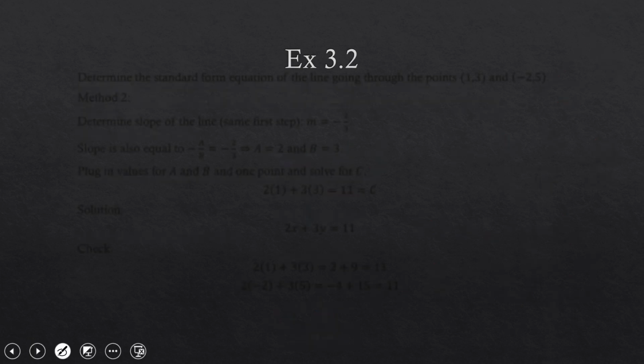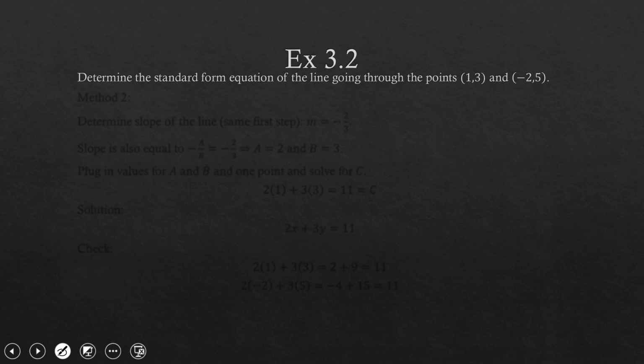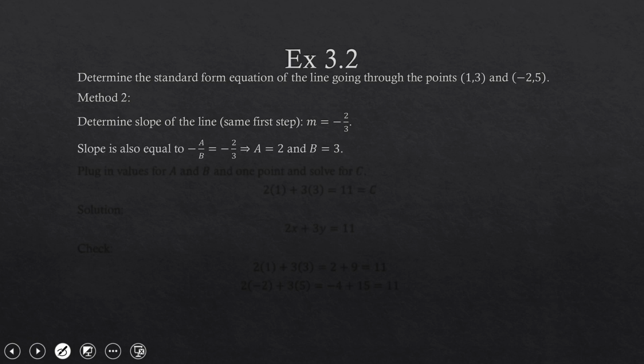Okay, and so here's another method to do the same problem. Determine the standard form equation of the line going through the points (1, 3) and (-2, 5). So same first step, and I won't go through doing it again, is determine the slope of the line using the equation of a slope. And then we note that the slope is also equal to minus a over b.